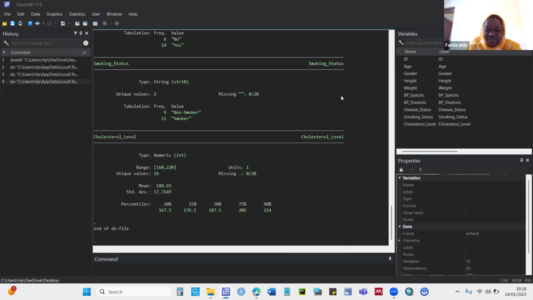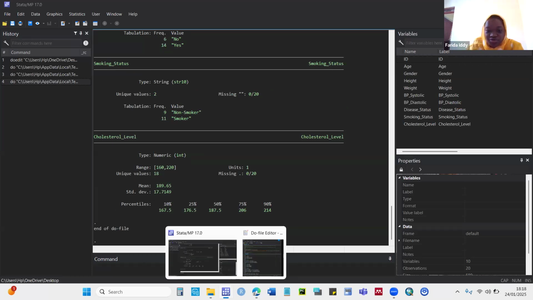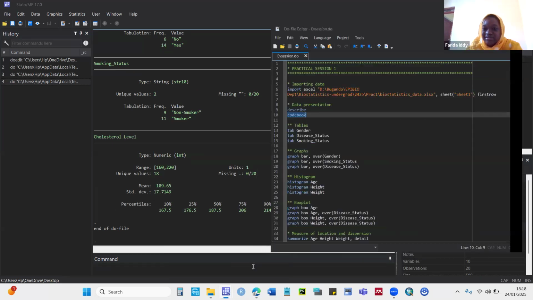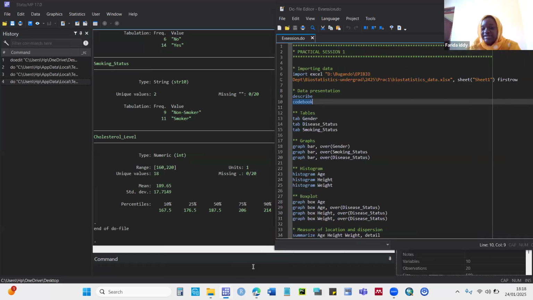So this is all about explaining or understanding our data set, what kind of variables we have, and so on. After cleaning your data, you have to analyze it. Before answering your research question, we need to understand the characteristics.